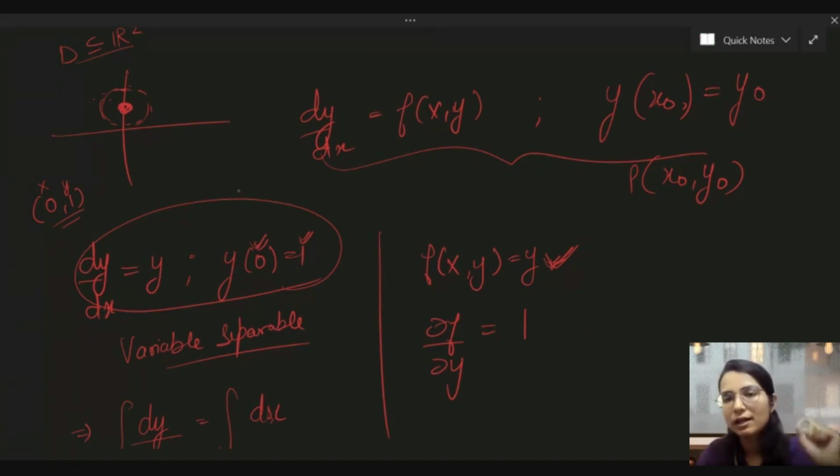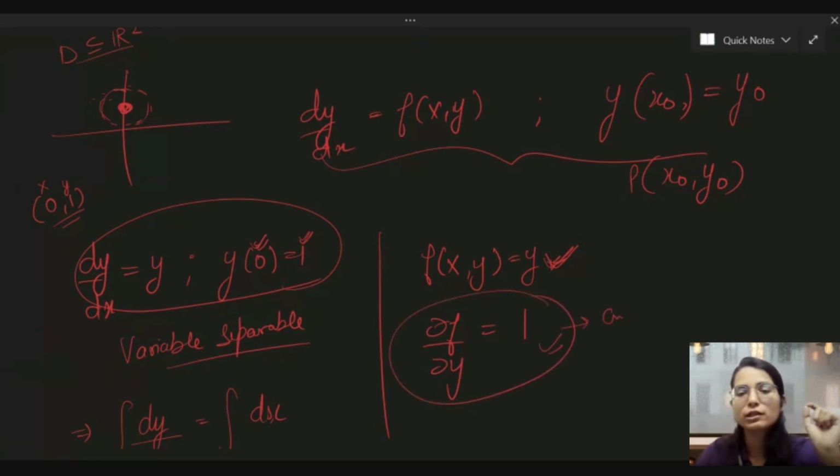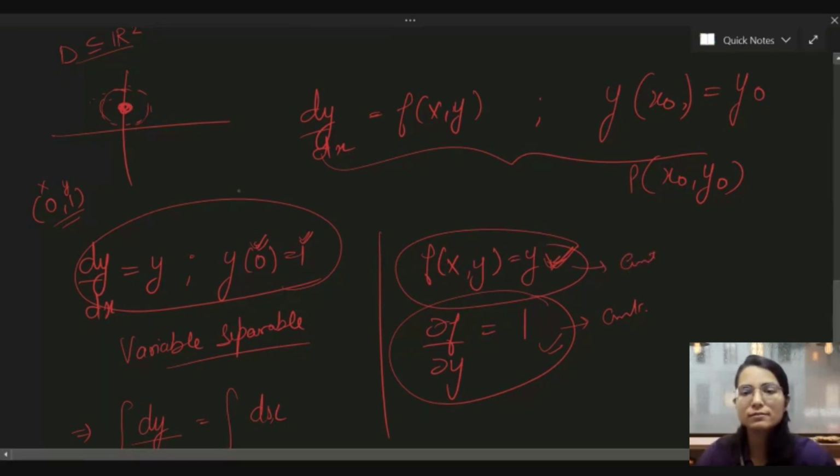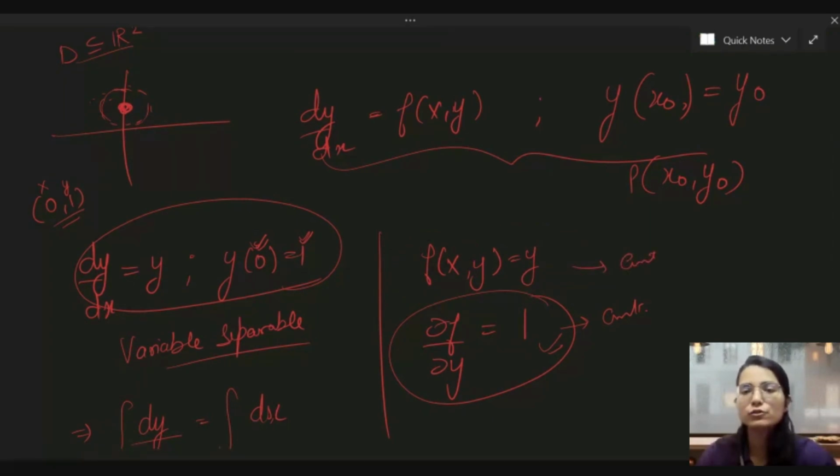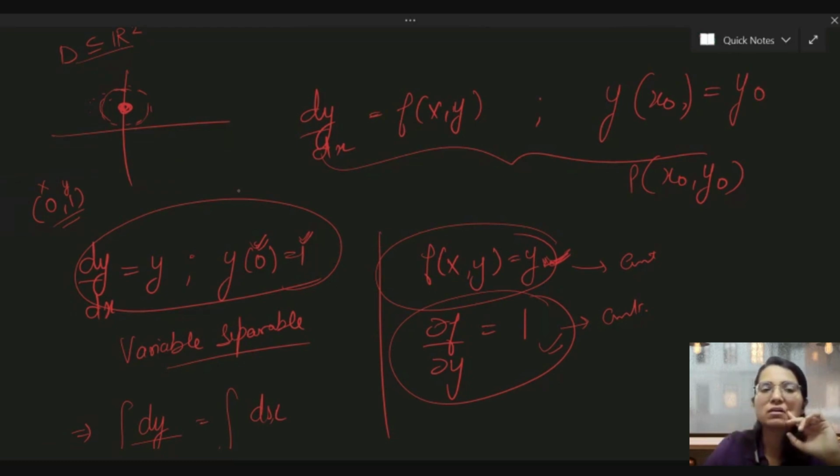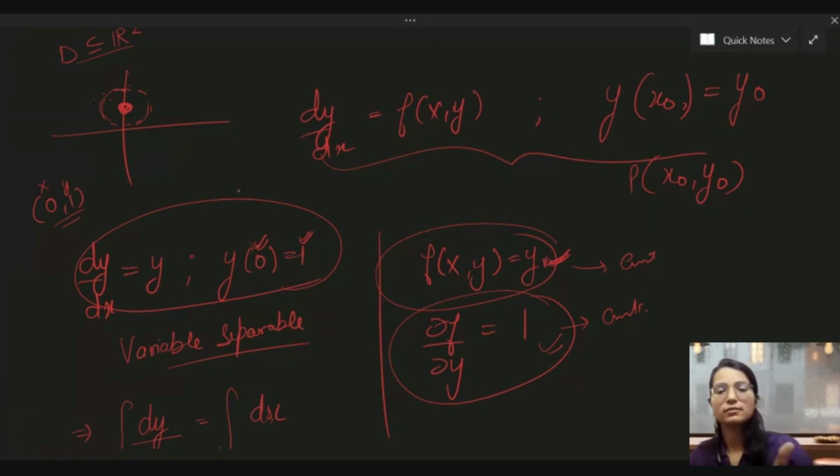Now, f is a continuous function. Is it continuous? Yes, of course it is continuous because this is a function known as y. How to figure out if it is continuous around the point 0, 1? It is continuous because it is defined everywhere and it is a polynomial kind of function.